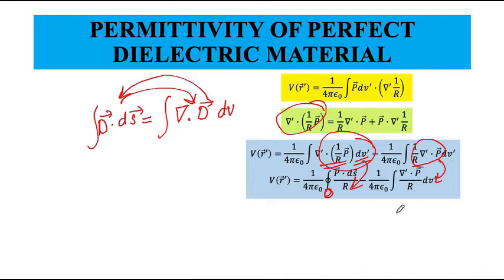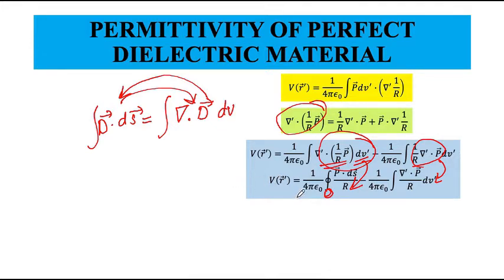Now this starts looking very suspicious, like surface charge density and volume charge density, correct? So the first one, P dot ds by 4 pi epsilon naught r, would be obtained by evaluating a surface charge distribution.